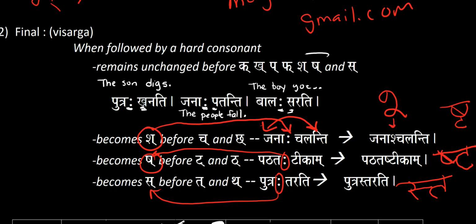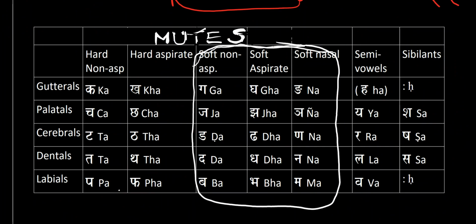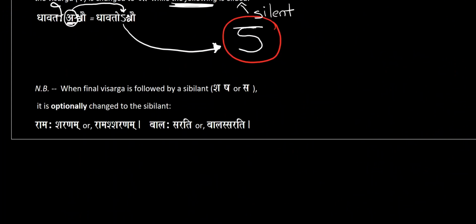However, for these 3, remember, they're not hard consonants, they're sibilants. There is an optional change, again, it's optional, it's not necessary. If you want to keep the visarga unchanged, you can leave it unchanged. But if you want to be fancy with the sibilants, you can do this instead, and that is what our new material is focused on for this video.